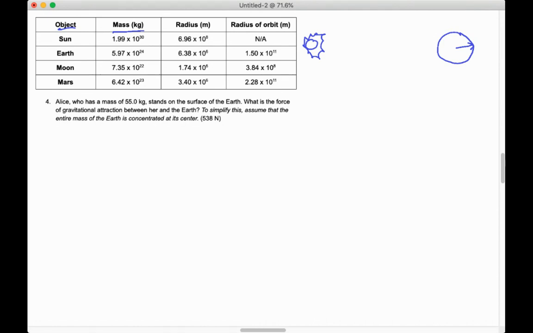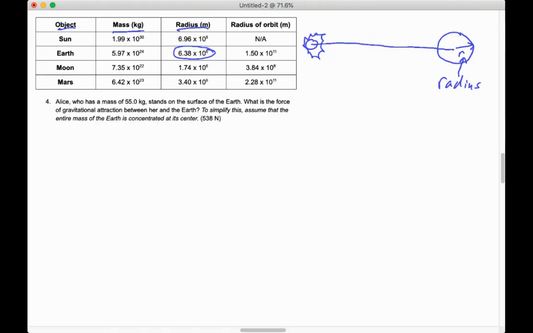So the Earth has a radius. This radius here is this number. That's what radius means. That's the radius of the object itself. So that one there is radius. The next column is radius of orbit. That is the distance actually measured center to center, but don't worry about that for now.